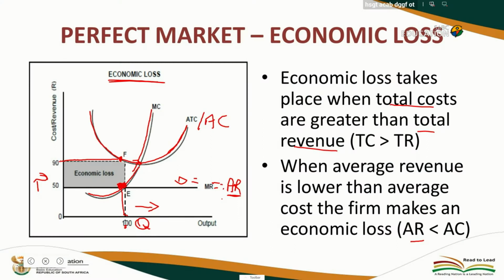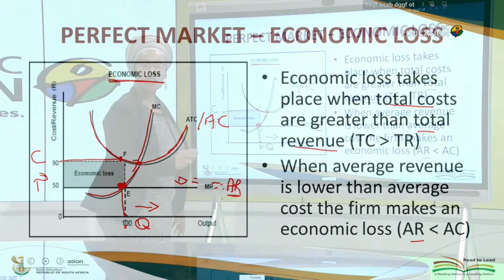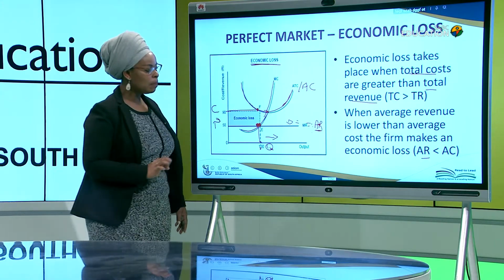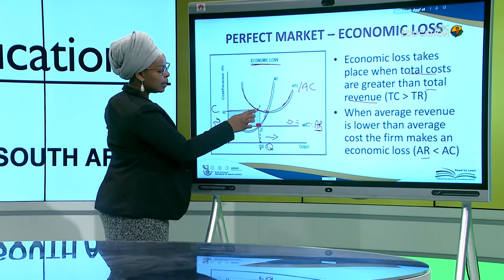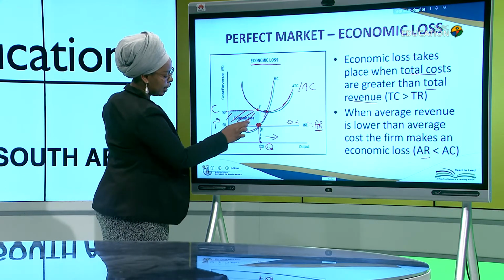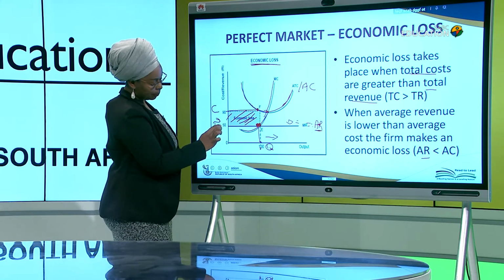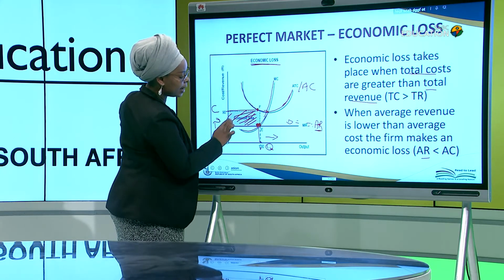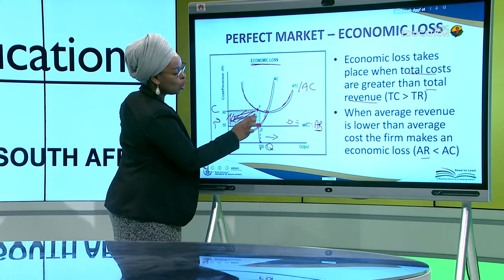Remember I said that the F represents the cost of production. So in this case, the cost of production will be 90. Then you will shade the area from 50, 90, F and E. This area you shade, it will represent your loss.